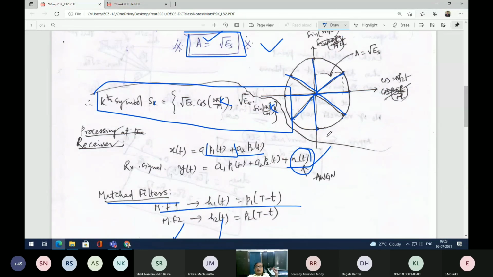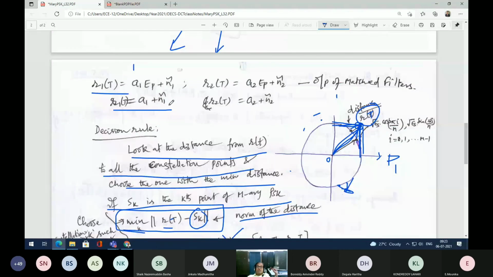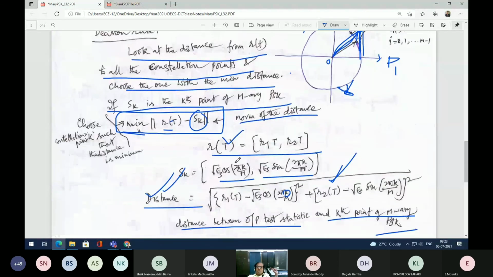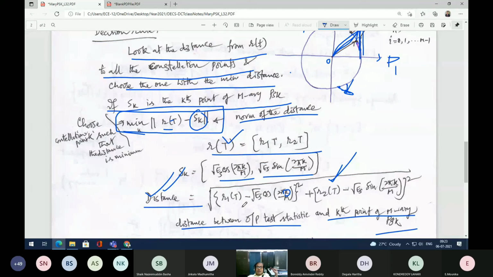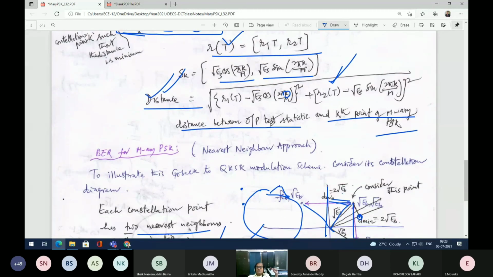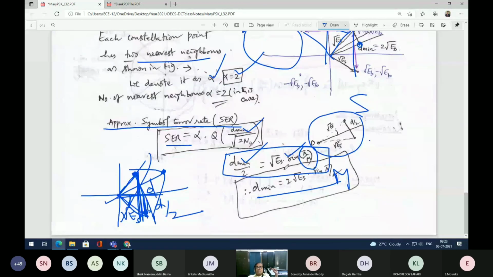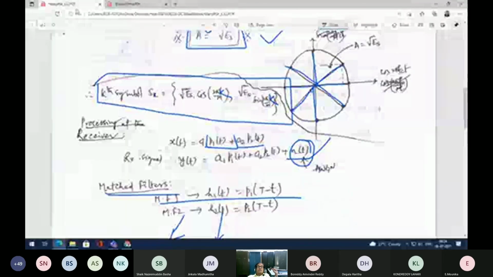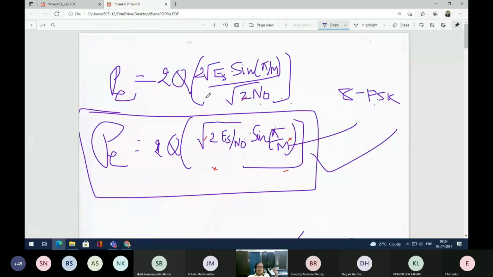And here we are finding the minimum distance after having this r of t, the receiver output. I'll take the distance between them, find the distance in terms of that and substitute those values. So please take this as an exercise and try to get it. And this is about all coherent types of detection schemes, wherein the receiver must know the carrier frequencies or the energy signals that are used at the transmitting end.